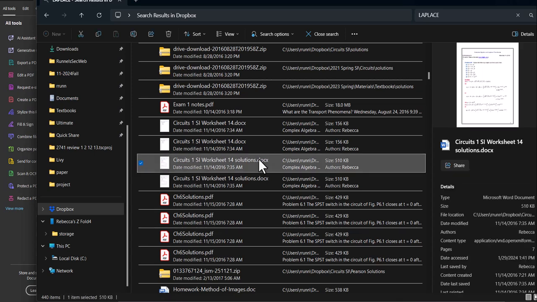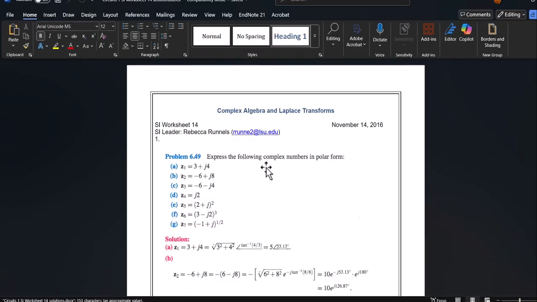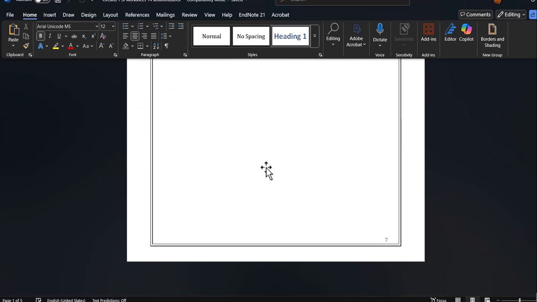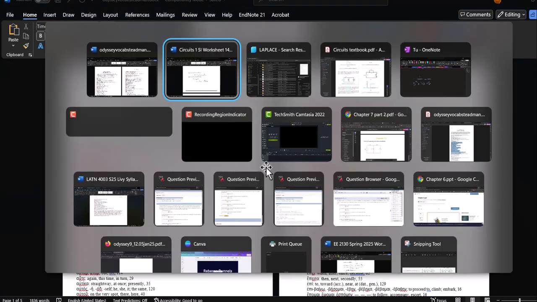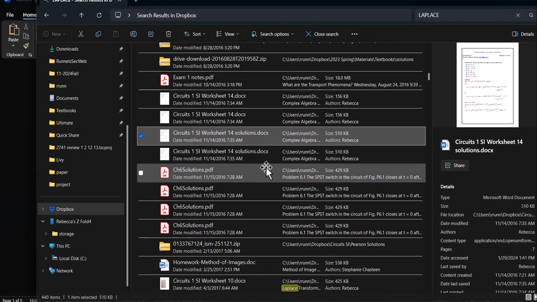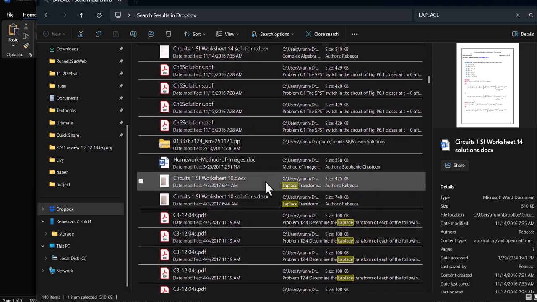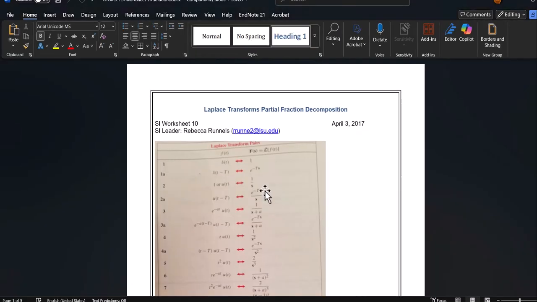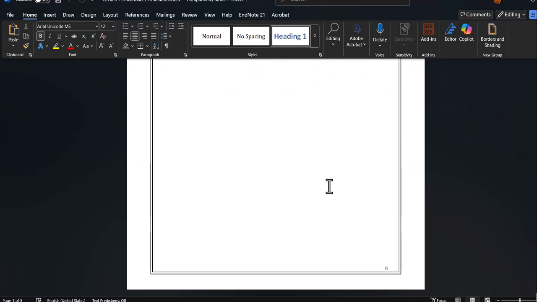Looks promising. These are going to be hard. Circuits 1, worksheet 10, plus test one. Yeah, that's probably not it. This, I was just doing it, but not in a circuit.